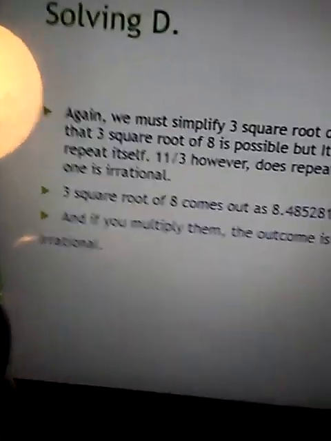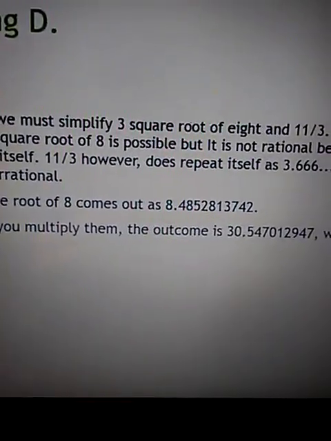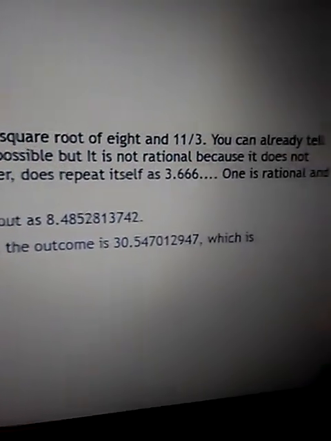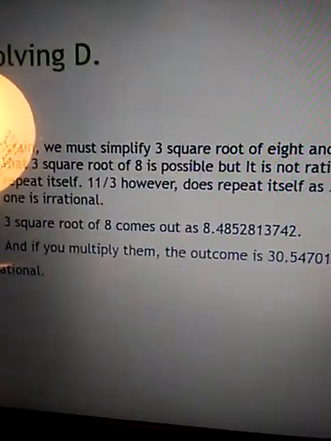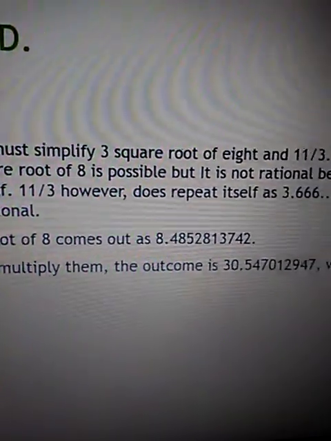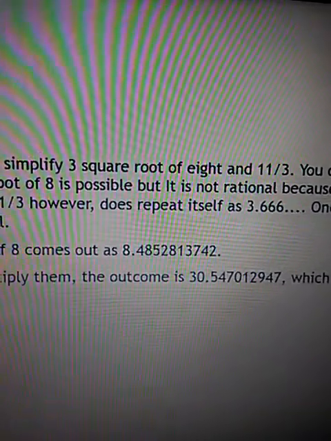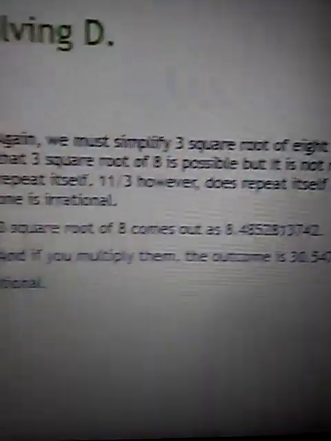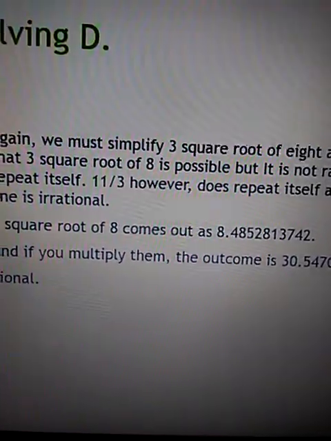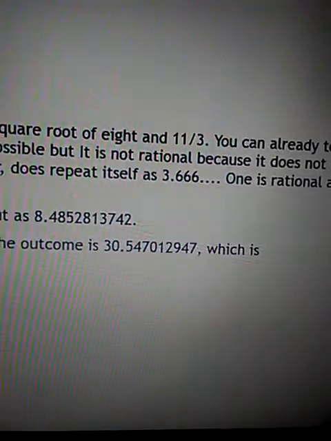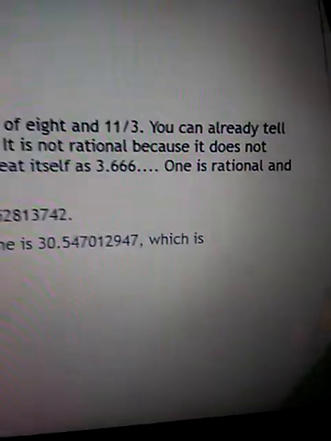Solving D. Again, we must simplify 3 square root of 8 and 11 over 3. You can already tell that 3 square root of 8 is possible to compute, but it is not rational because it does not repeat itself. 11 over 3, however, does repeat itself as 3.66666.